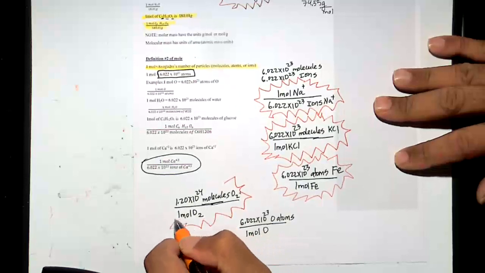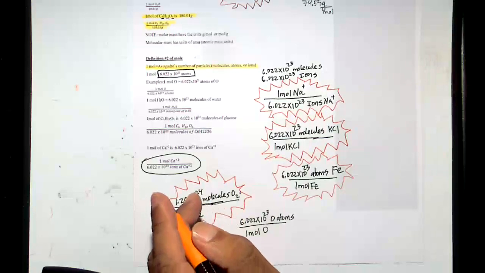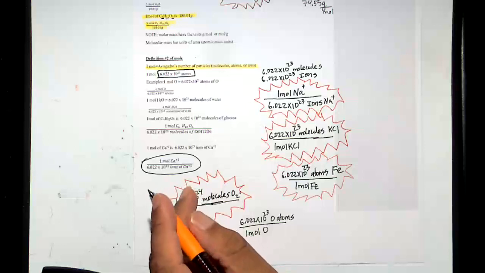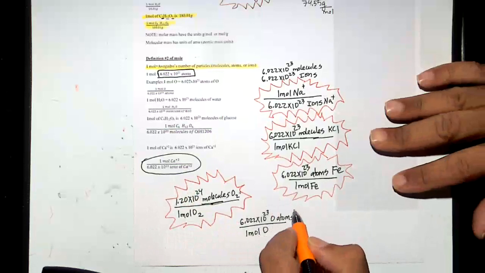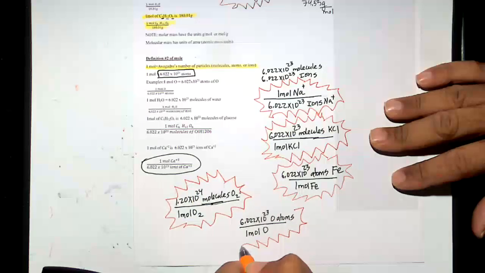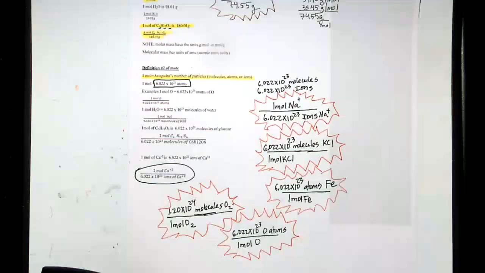So are we okay with these conversions? When will we use Avogadro's number? When will we have to use this number? Yeah, to find the number of molecules, ions, or atoms in the substance.